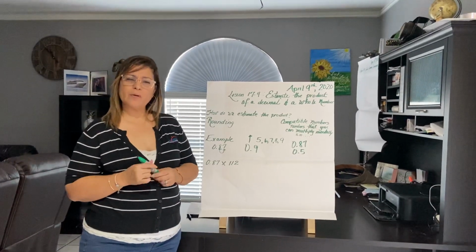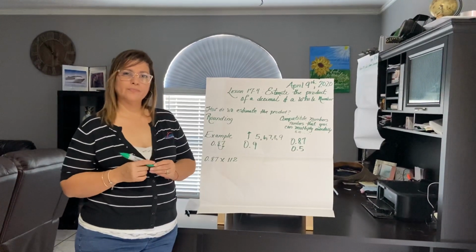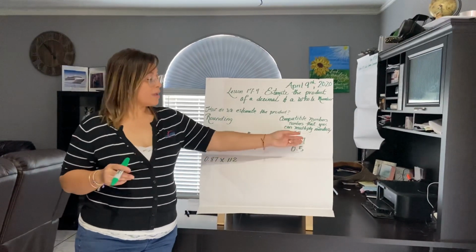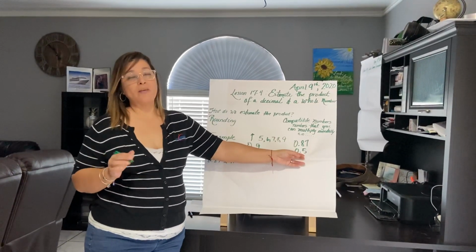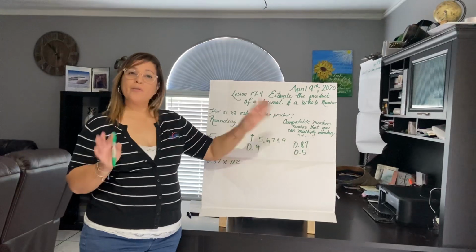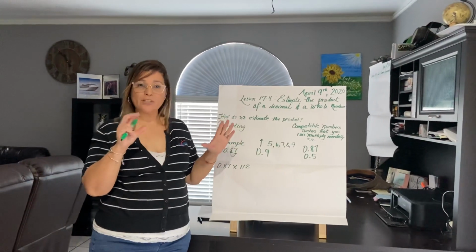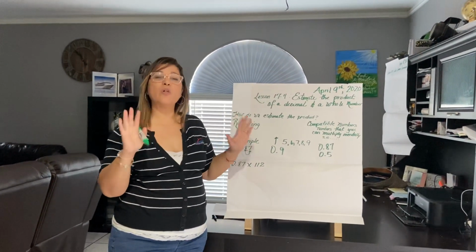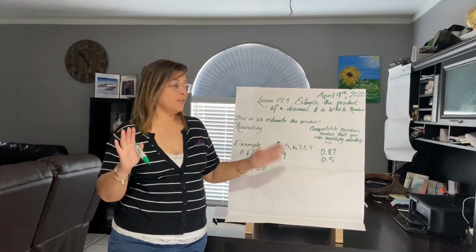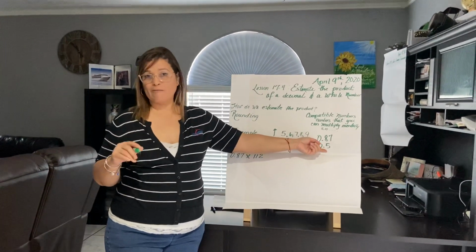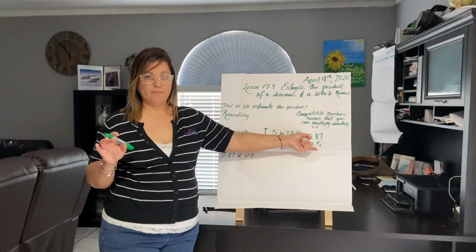Let's see if you guys remember. Yes, so when we are using compatible numbers, we're looking for that number that when I multiply together, it will give me the closest product. So that's why we use the 5, because it's really close to 8.